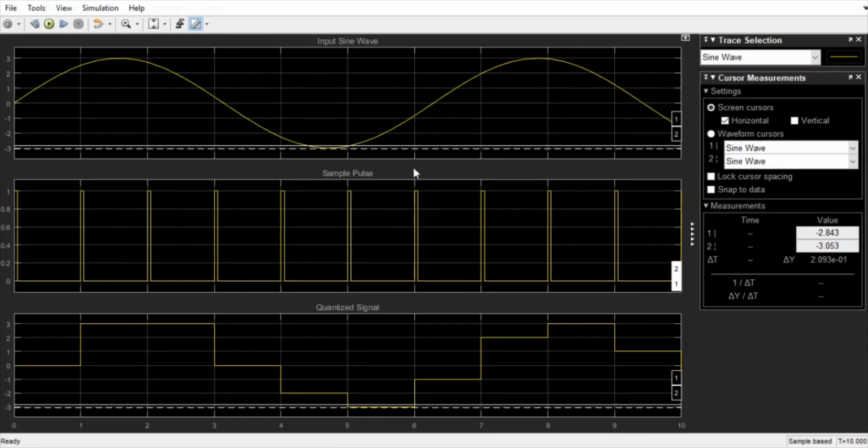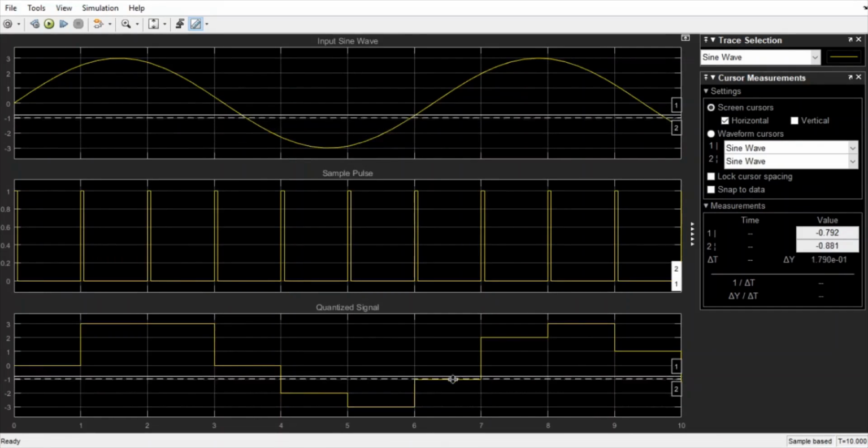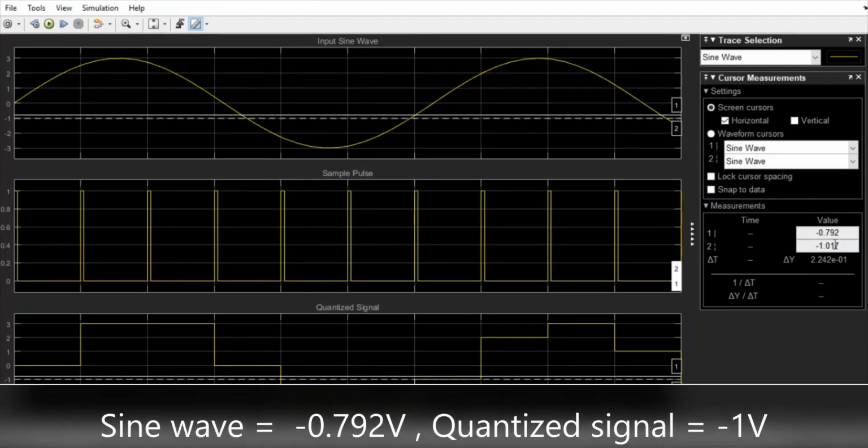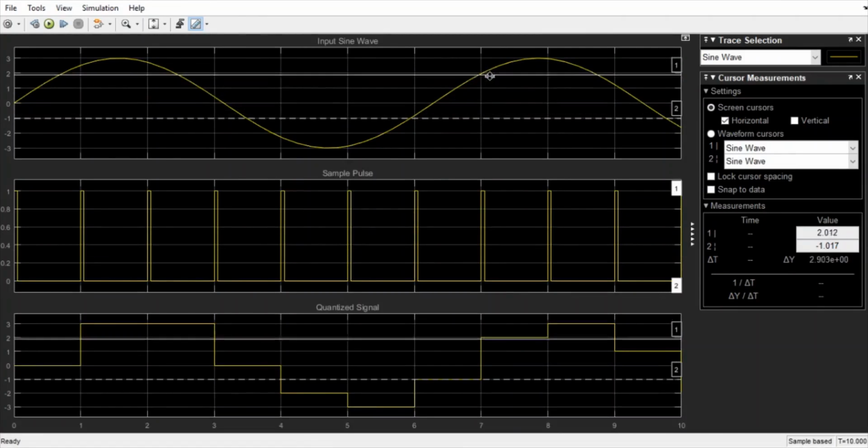For the seventh pulse, this is where the seventh pulse occurs. Move the first cursor to the seventh pulse, and then for the quantized signal, move the second cursor. You will get approximately minus 0.792 for the sine wave and minus 1.017 for the quantized signal. We just round it to minus 1. For the 8th pulse, move the cursor here.